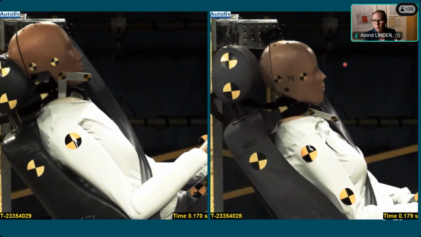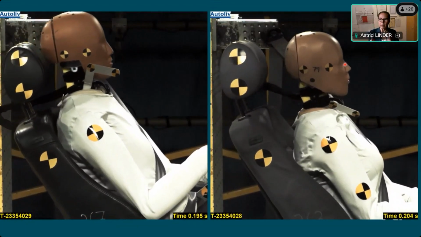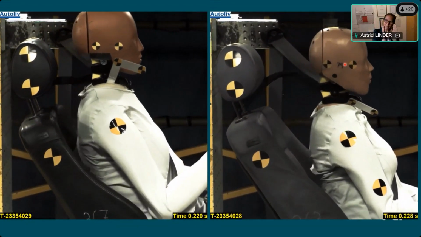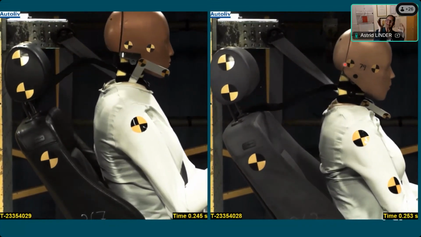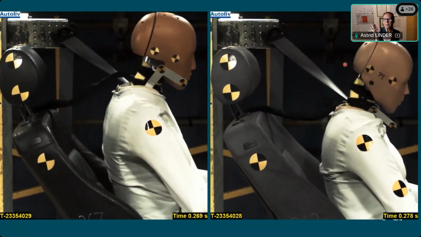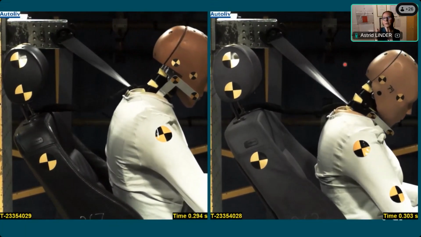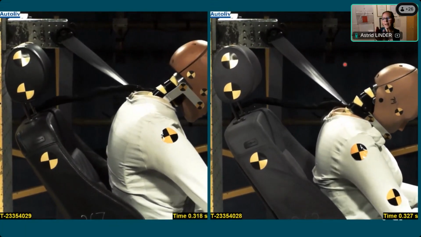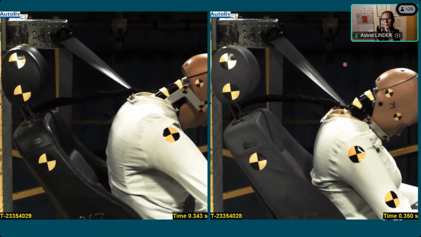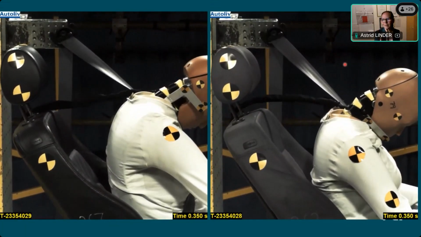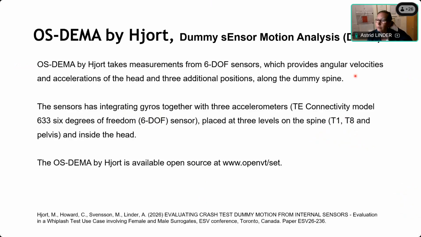Sometimes you can see in a seat where the seat moves away from the head or from the torso, or moves backwards at the same rate of velocity as the dummy, and then the dummy isn't supported by the seat because it always moves away, and then the dummy does the same. So just an example of two different seats.